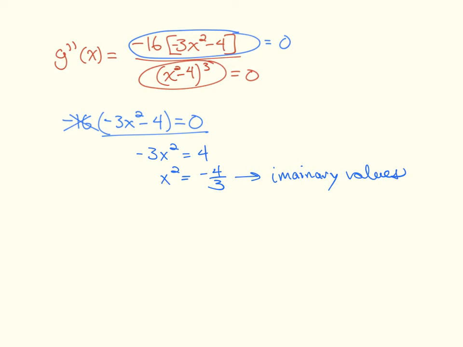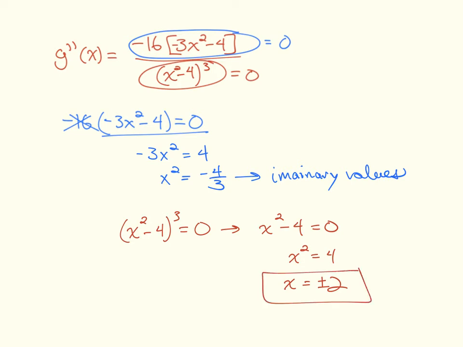The other thing we have to do here is set the denominator equal to 0, x squared minus 4, the quantity cubed, equals 0, which is the same thing as writing, if you take the cube root of both sides, x squared minus 4 equals 0. And when you add 4 to both sides and take the square root, you get x equals plus or minus 2. So these are vertical asymptotes for the second derivative, and these are the only values we can take to the sign chart.